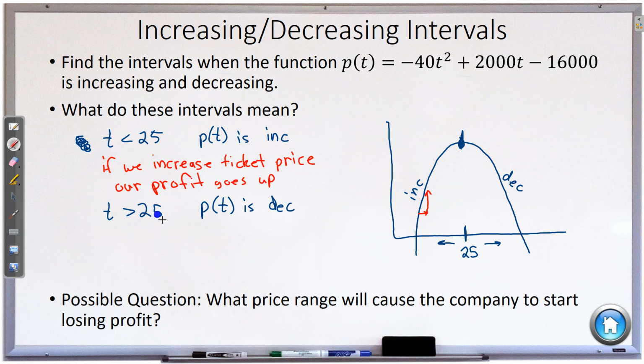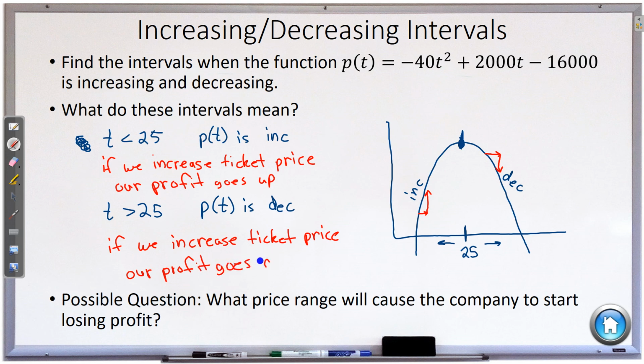But once we pass the $25 mark, now if I increase the ticket cost, our profit goes down. And so if we increase ticket price, our profit goes down.